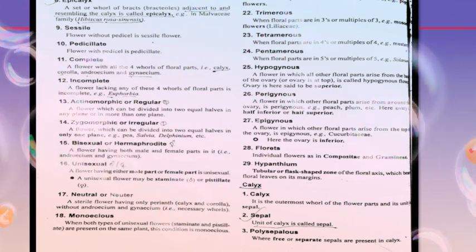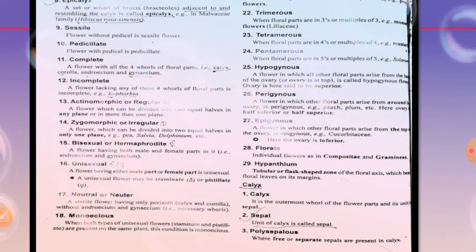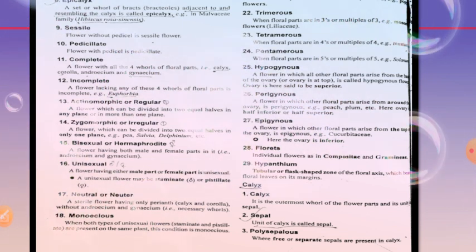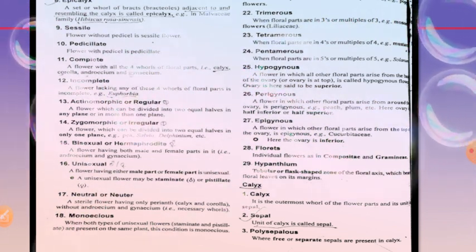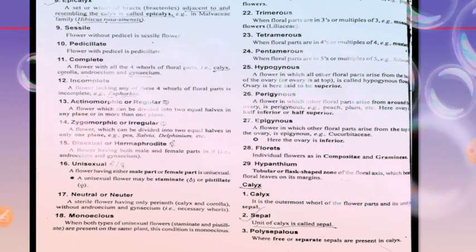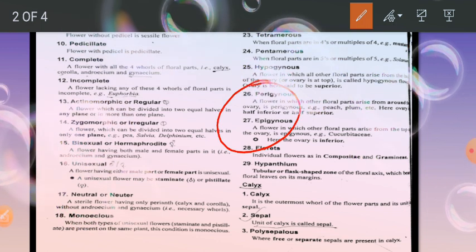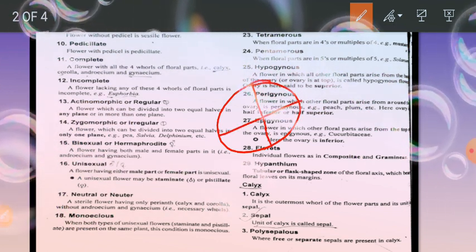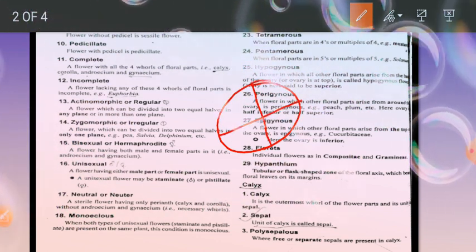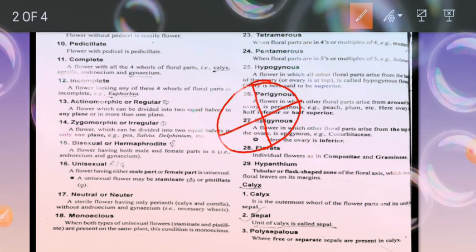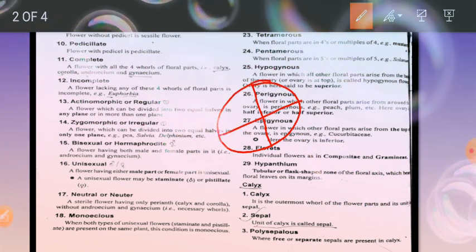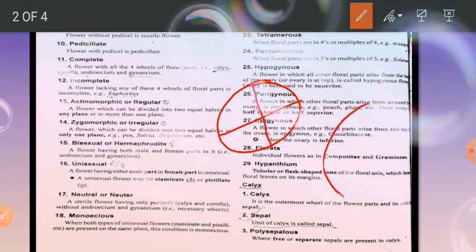Then actinomorphic and zygomorphic. It's very important in the case of your floral formula, where you see this type of symbol also. This is known as the actinomorphic. So what is it? Actinomorphic means a flower which can be divided into two equal halves in any plane.